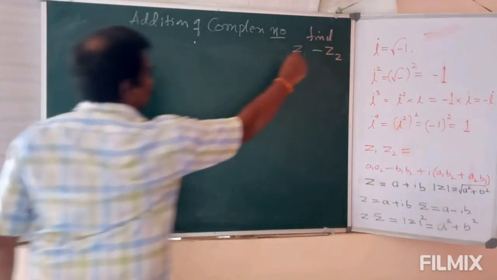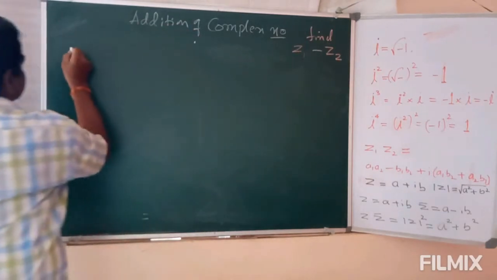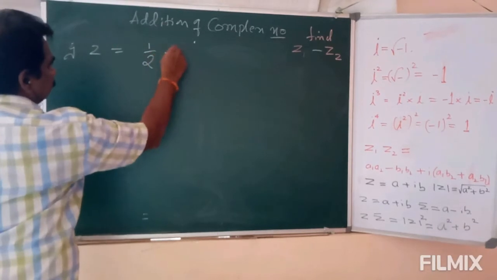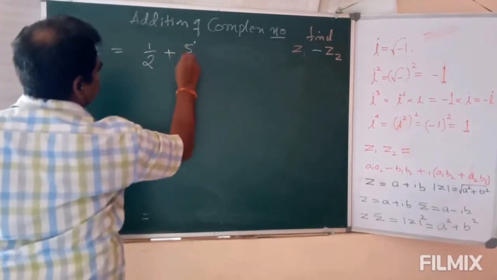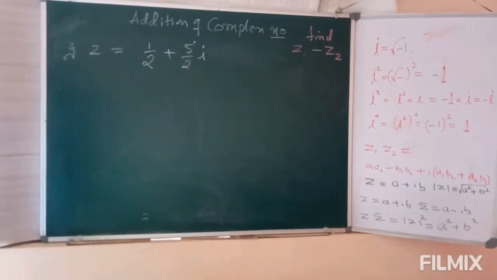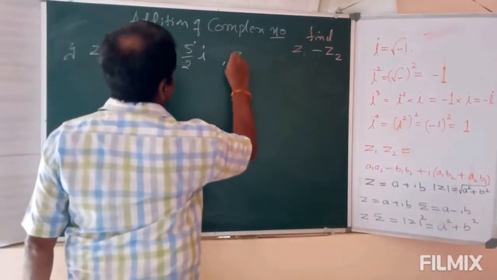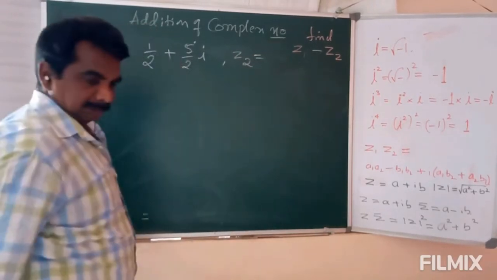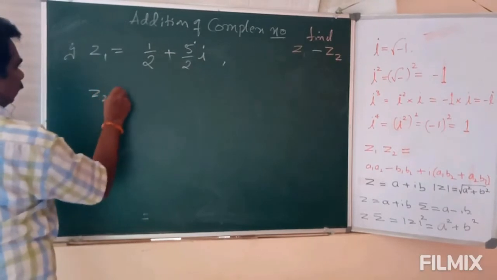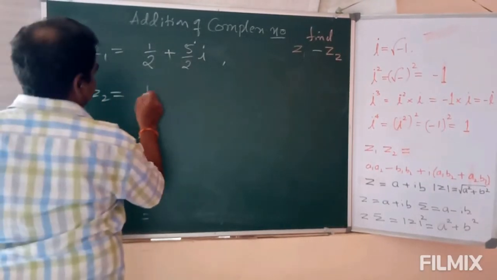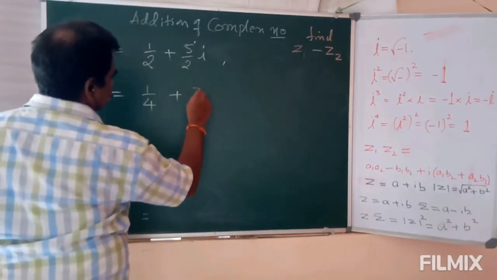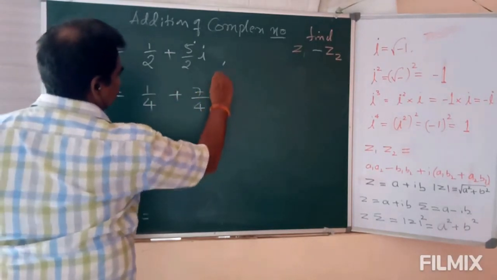Find Z1 plus Z2 and Z1 minus Z2, if Z1 is equal to 1 by 2 plus 5 by 2i and Z2 is equal to 1 by 4 plus 7 by 4i.